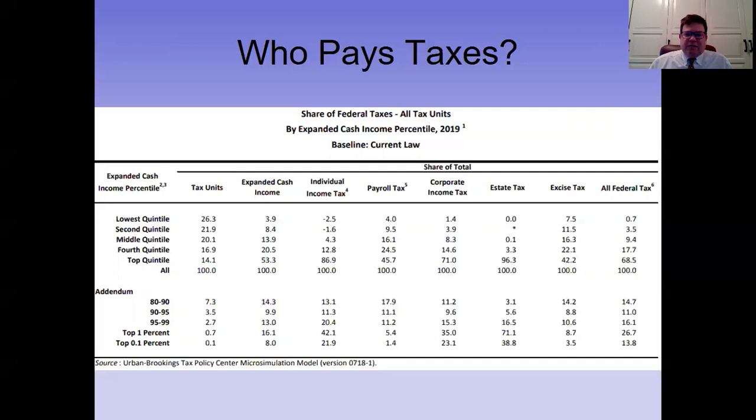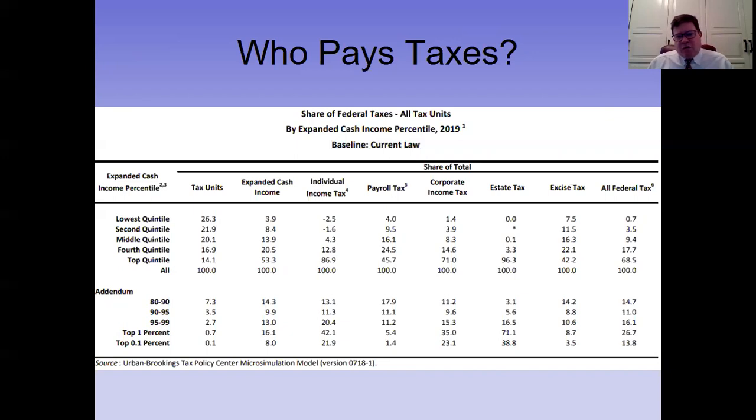So as far as the income tax is concerned, the top earners in this country pay most of it. If you drill down, the top 20% pay 86.9% of all the income tax, but the top 1% pays 42.1% of all income tax in the United States.